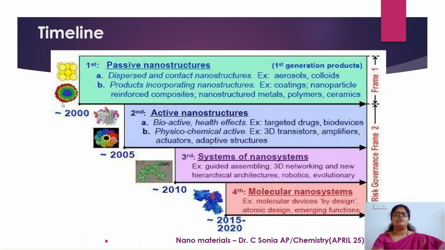They are the passive nanostructure materials like aerosols, colloids, coatings, nanoparticle reinforced composites, nanostructured metals, etc. The second generation are the active nanostructures like bioactive, targeted drugs, biodevices, 3D transistors, etc. And up to 2010, it is the third generation products, that is guided assembling, 3D networking, new hierarchical architectures, robotics, etc. And from 2015 to 2020, it's the fourth generation.